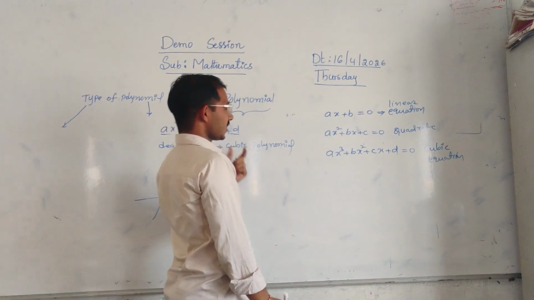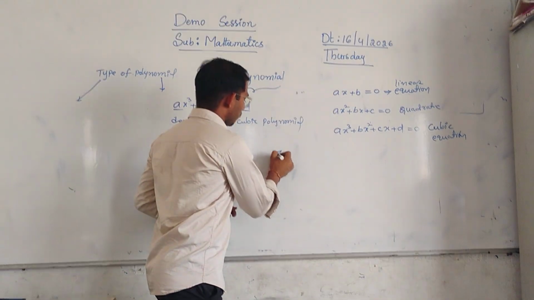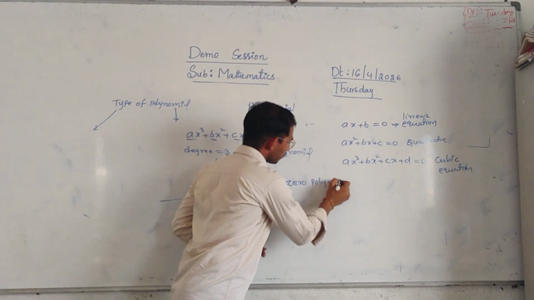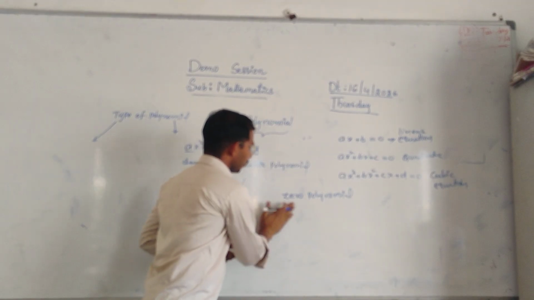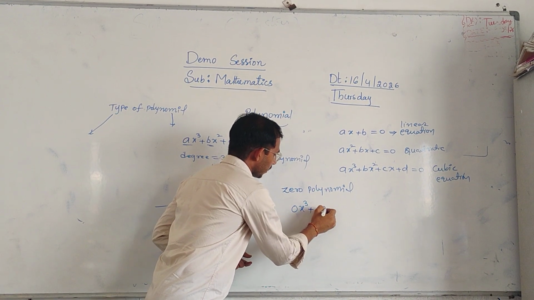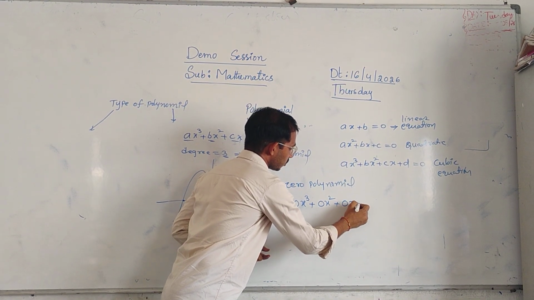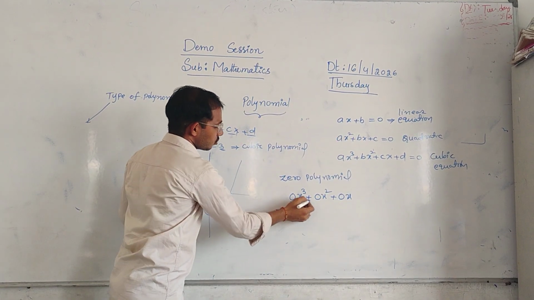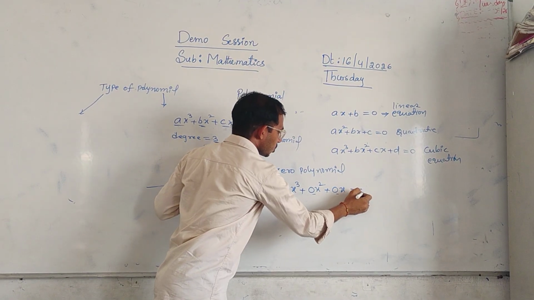Based on degree, there is also the zero polynomial. For example, 0x cube plus 0x square plus 0x plus 0. Here all the variable coefficients are 0, so it is completely 0 only.